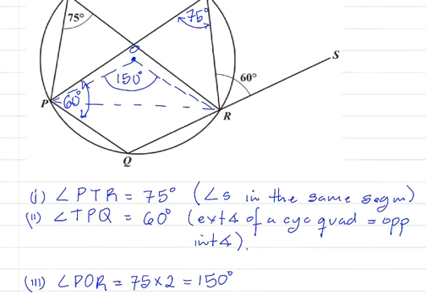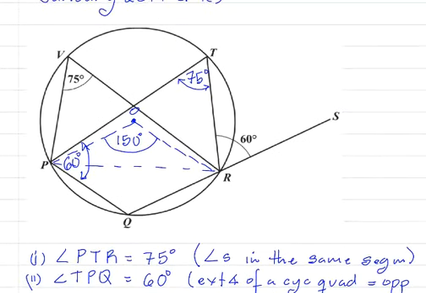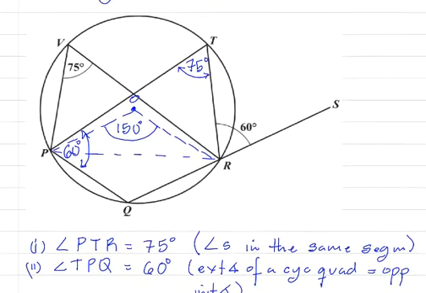So we can look at it. We have angle POR, which is the angle at the center, and angle PVR, which is the angle at the circumference. Both angles start and end at the same points on the circumference.